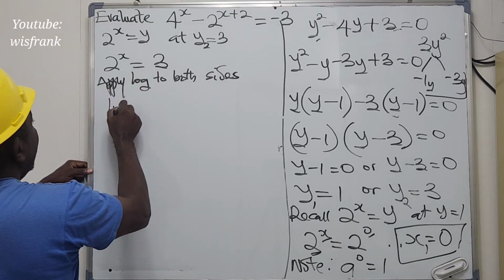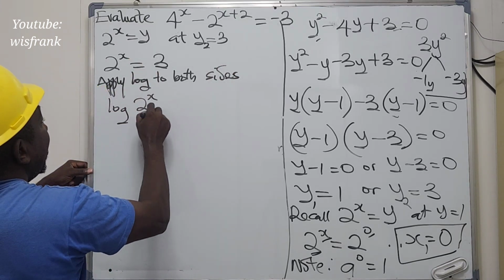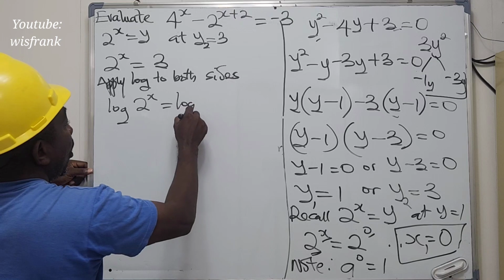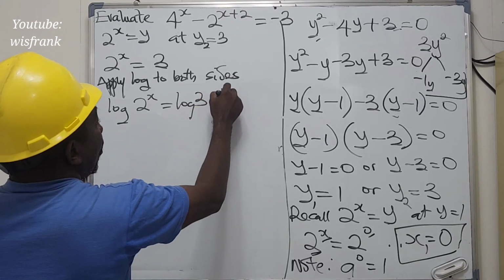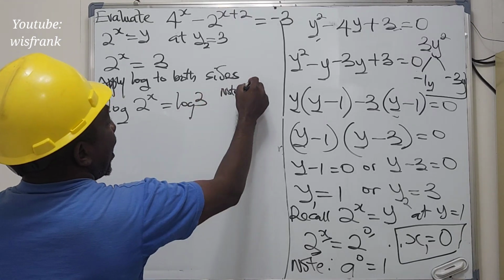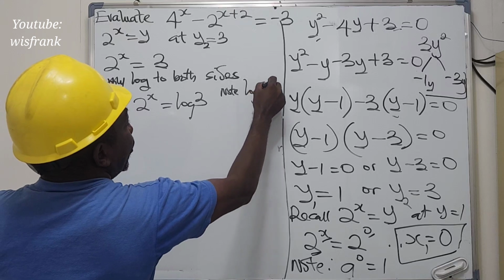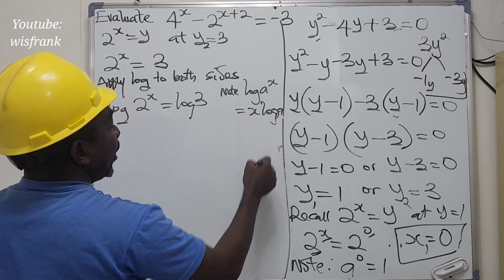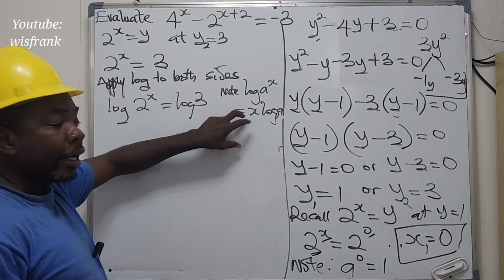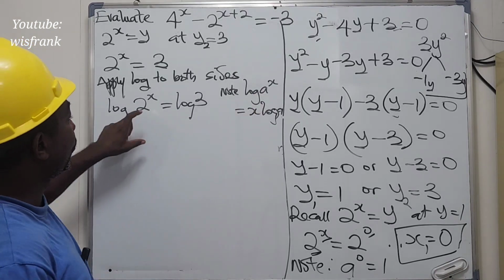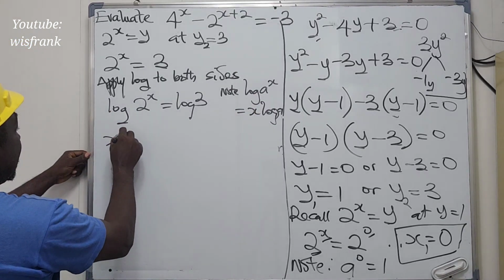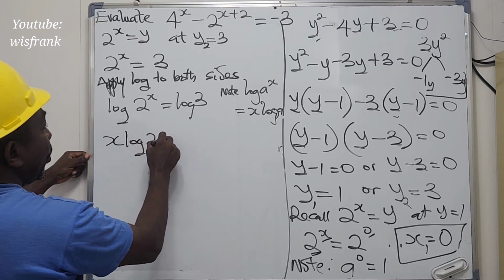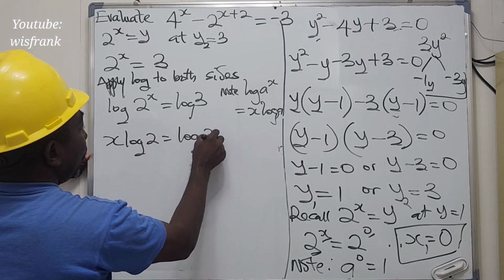So this will become log 2 to the power of x equals to log 3. We recall, note, when we have log a to the power of x, the same thing as x log a. So we are going to express this in this format. So this will become x log 2 equals to log 3.